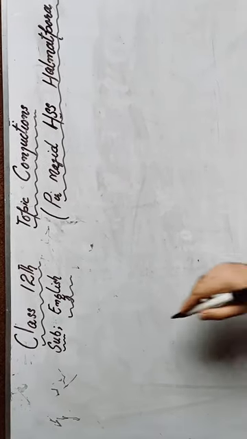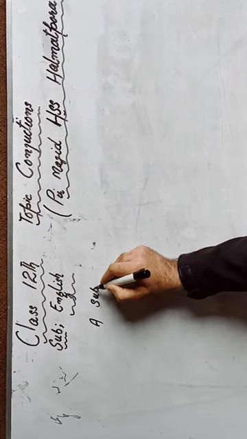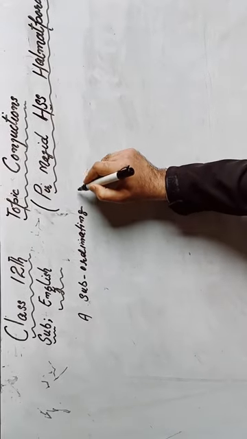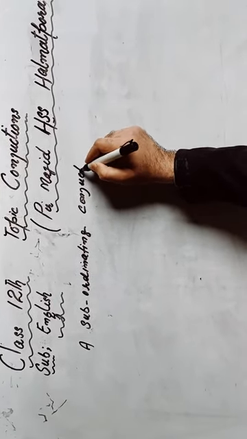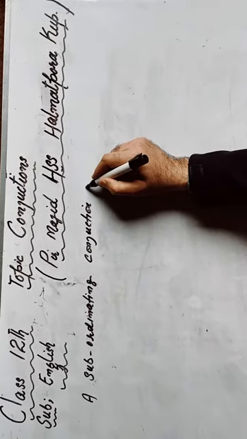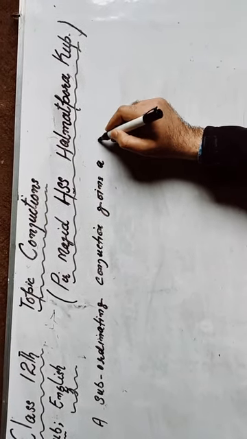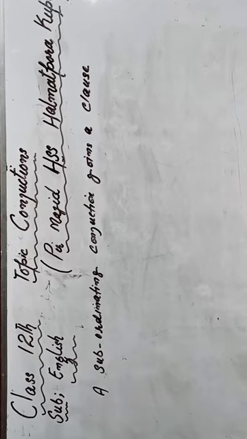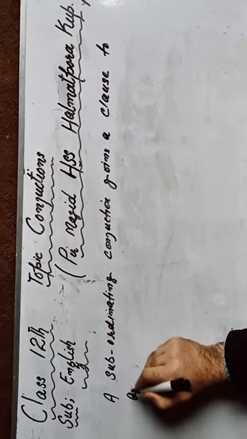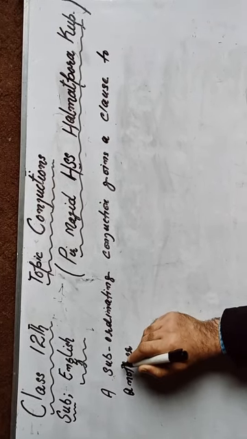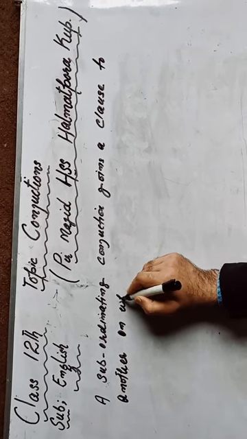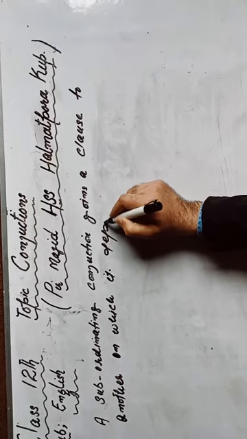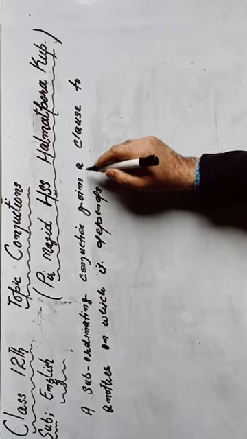A subordinating conjunction joins a clause to another on which it depends for its full meaning.